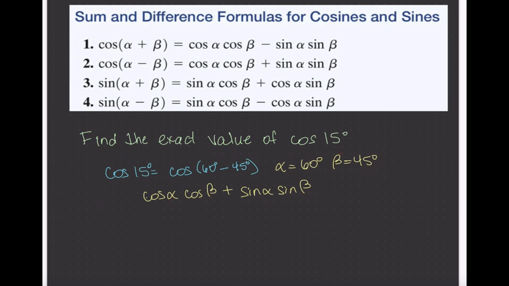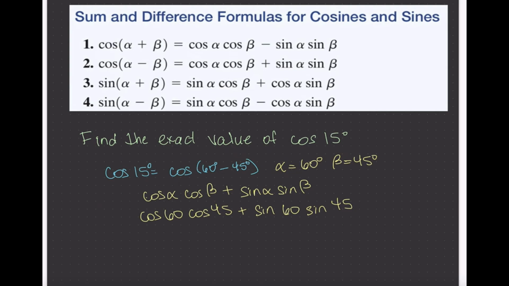So now I have cosine alpha, my alpha is 60 degrees, times cosine beta, 45 degrees, plus sine alpha, 60 degrees, times sine beta, which was 45 degrees. Now either I know these or I can look at my unit circle.